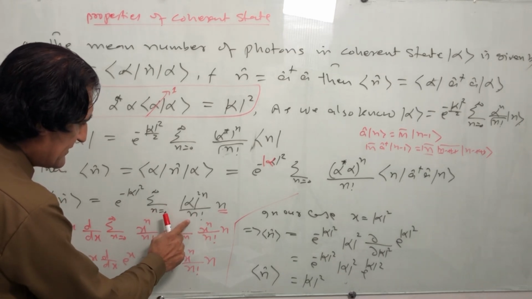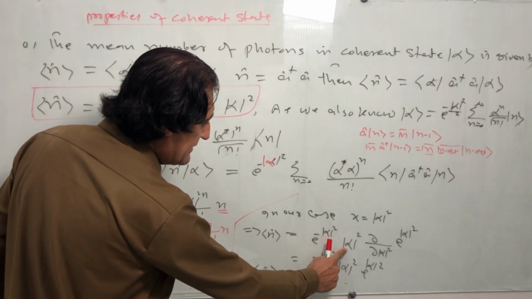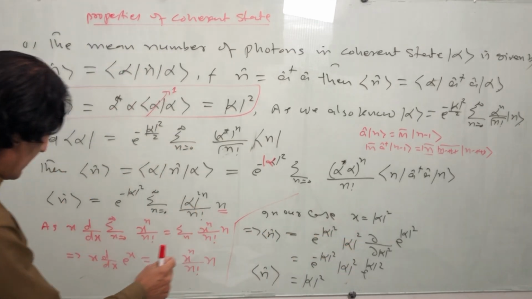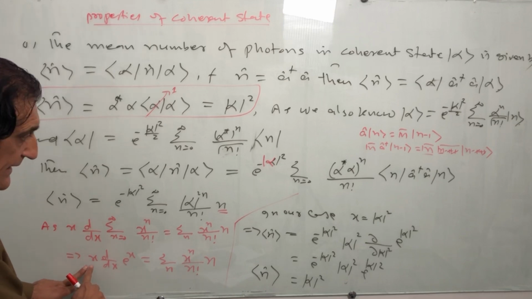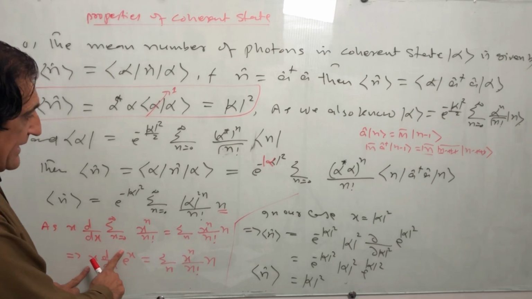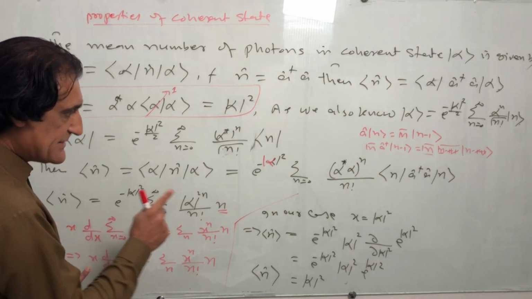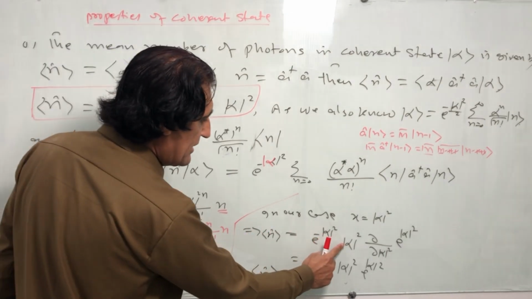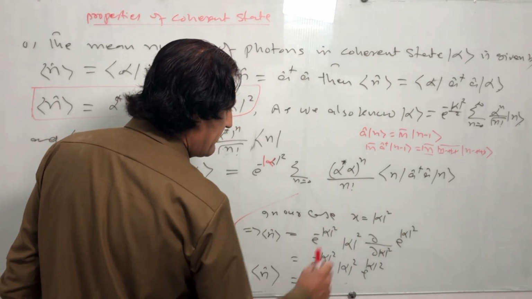Using this relation on this part of the equation, we can get |α|², because you have x d divided by dx e to the power x. Instead of x, we have |α|². So |α|² and partial divided by partial |α|² e to the power this.